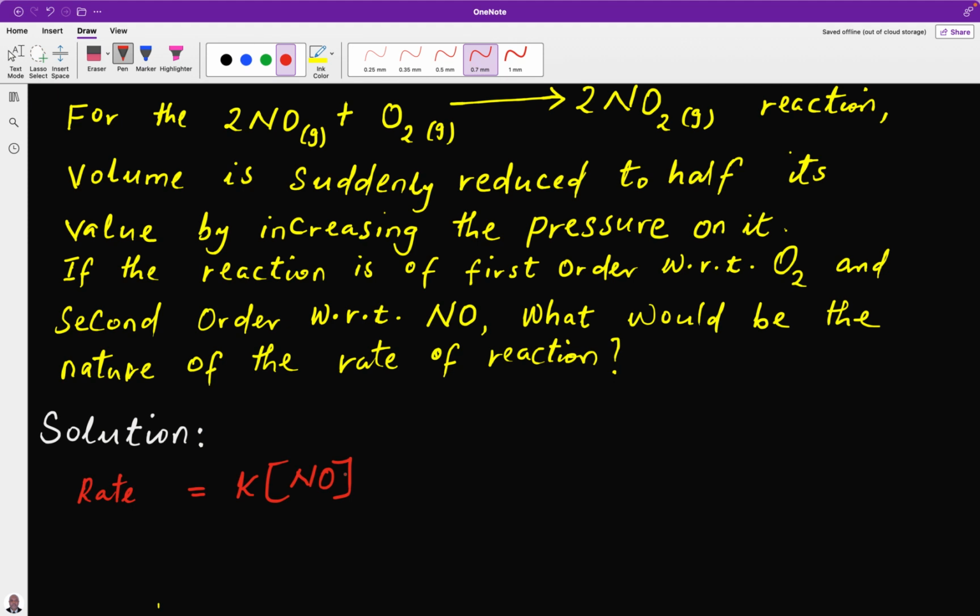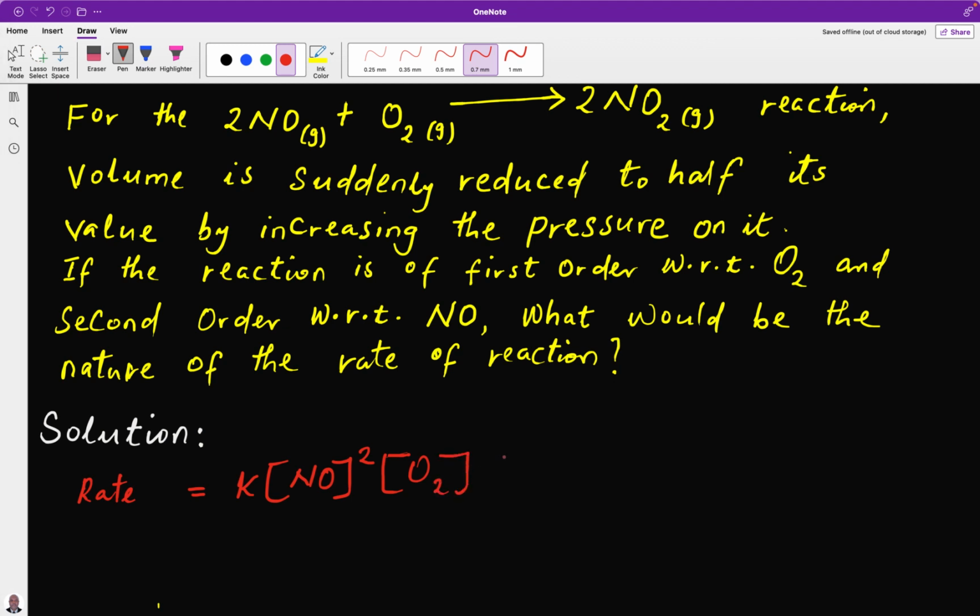We are told the order of reaction with NO is second order, so it is 2, times the concentration of oxygen.